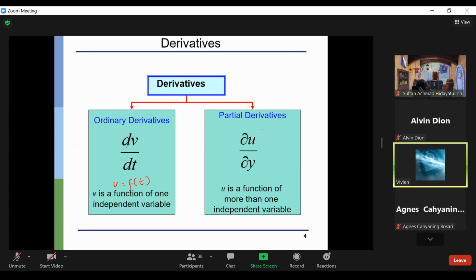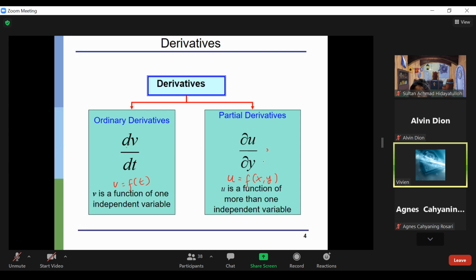Why is it partial? Because it's not a complete representation of the derivative for the function. For example, in fluid mechanics, we have the velocity u, which is a function of x and y. In this case, when we say the derivative in y direction, this is not complete.